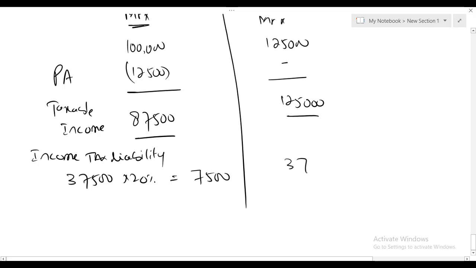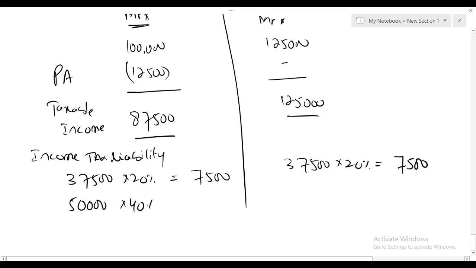The same applies here. $87,500 deduct 37,500. If I deduct 37,500 from 87,500, I get 50,000.